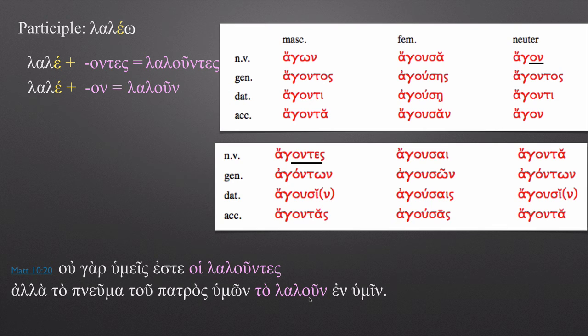Final thing to note. As I said at the beginning, we'll say again at the end, we have 6 principal parts, and contract verbs are only different in the first principal part. So here are our 6 principal parts of plēroō, to fulfill. Plēroō, plērōsō, eplērōsa, pepleirōka, peplērōmai, eplērōthēn.